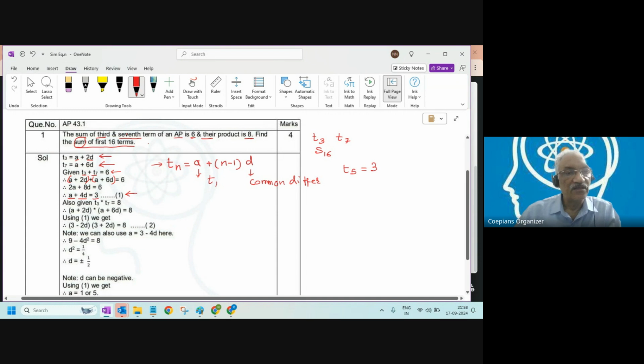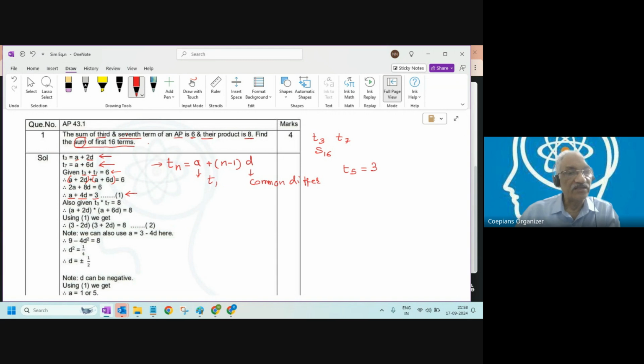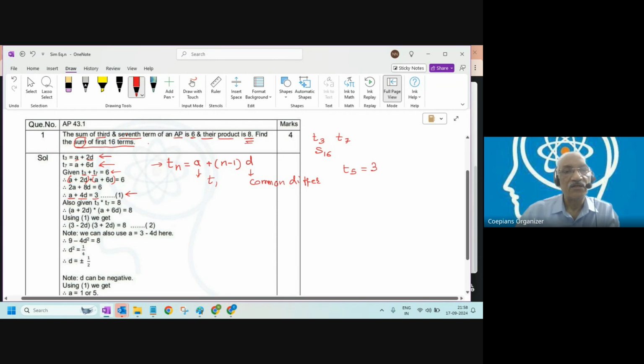Let's go further and try to use the other facts. They have given that the product of these two is 8. So (a plus 2d) into (a plus 6d) is equal to 8.